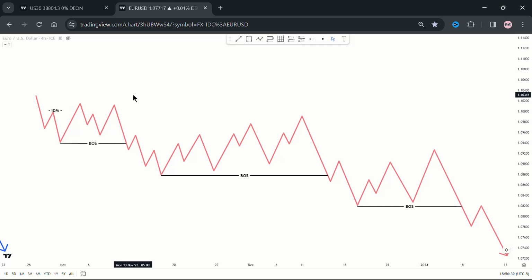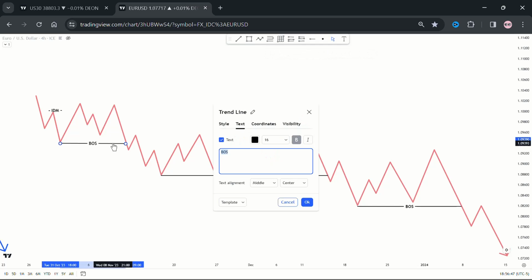And TradingView or MT5 gives you that option. If you mark your structure on the 4-hour chart, you can click like that and then go to visibility.